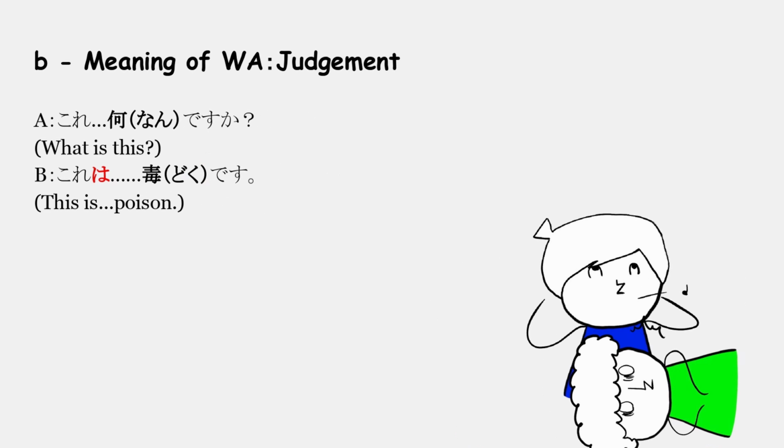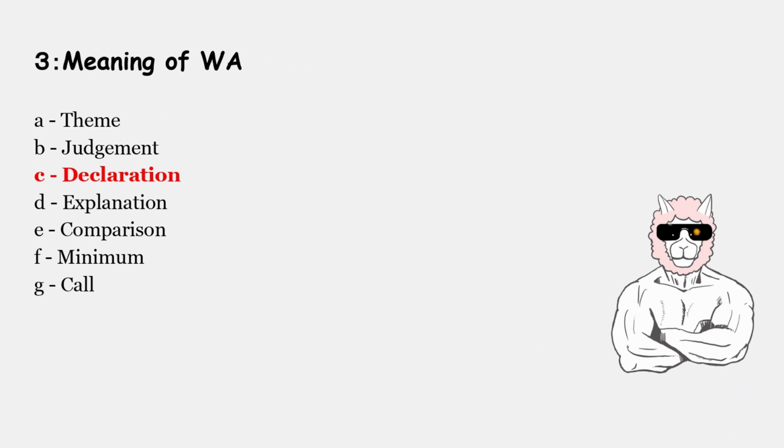This one, これ何ですか? これは毒です。This type of phrase can be found very often in detective novels or detective manga, like Detective Conan. Is it clear? Did you get it? The third, wa of declaration.